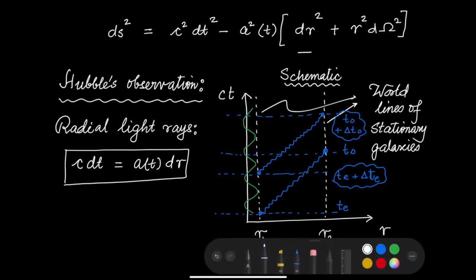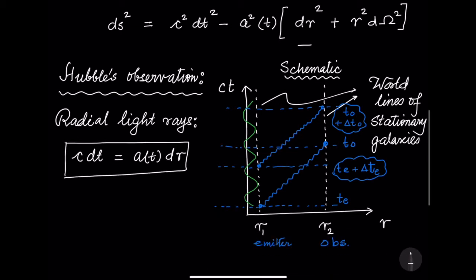Okay, so let's see what we are up to. We are looking at this expression now, and I'll try to figure out what dr is. Well, dr is always r2 minus r1, because as I said, we have not considered any motion of the galaxy. So essentially it is not a Doppler effect that we talked about earlier, as Hubble had explained it. So r2 minus r1, and let us divide it by c just for sanity.